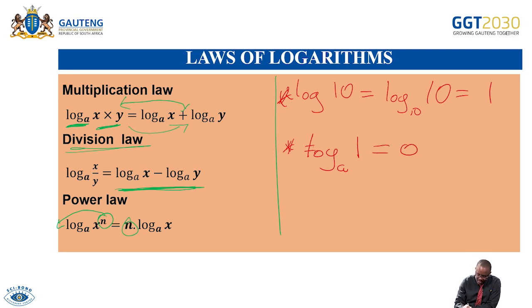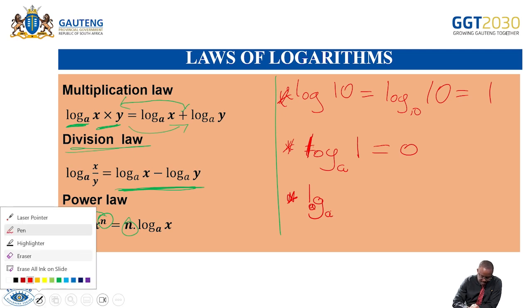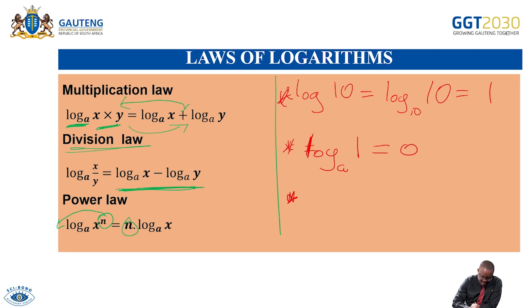Then another thing you need to know is that when the base and the number of a log are the same, then you have 1. Those are the basic laws of logarithms that you need to know.